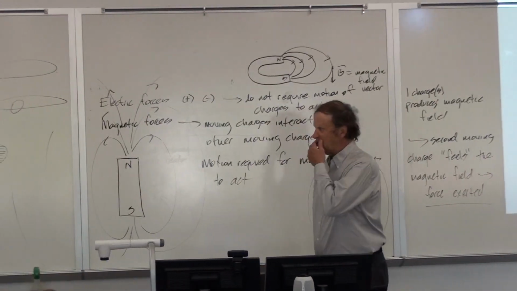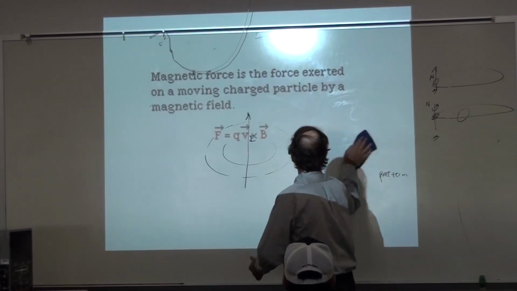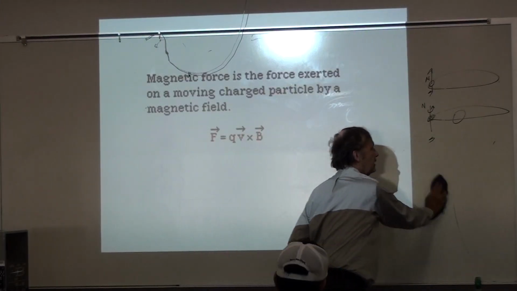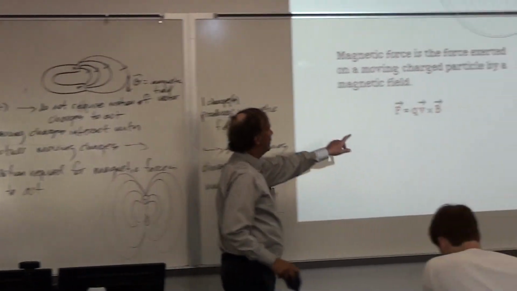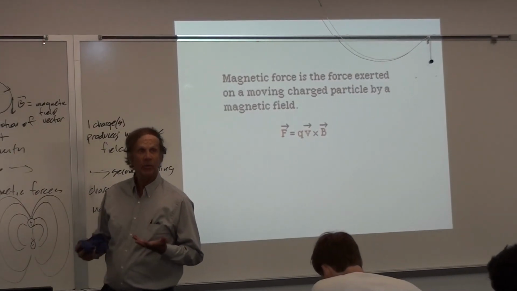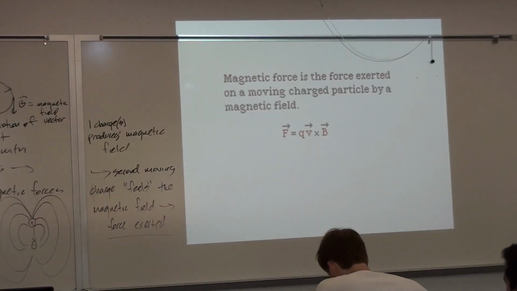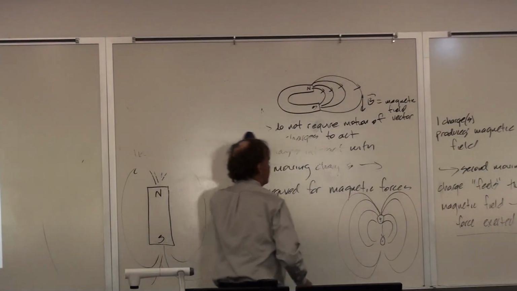Okay, so here's our expression then for how the force works. But before I look at this in more detail, I wanted to mention that this kind of expression is just the result, and it's not the real cause for magnetism. The real cause for magnetism is what's called relativistic contraction.